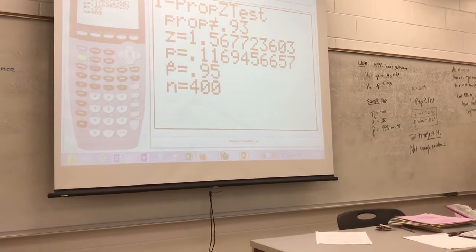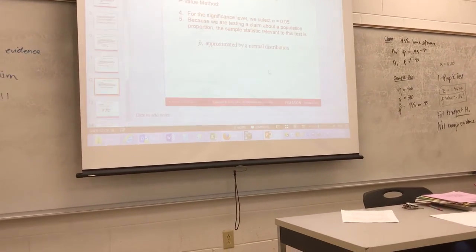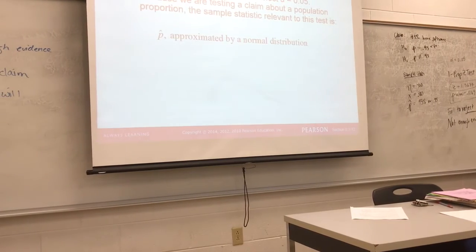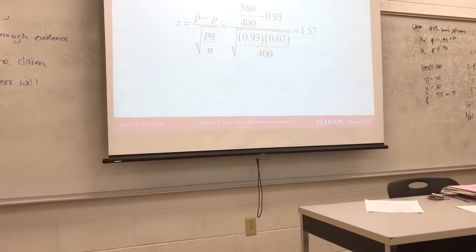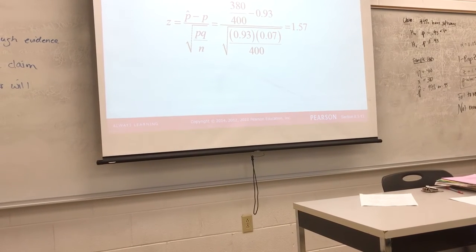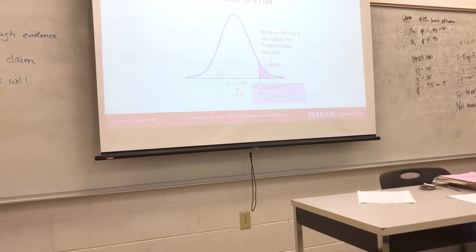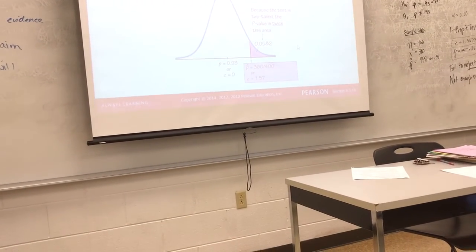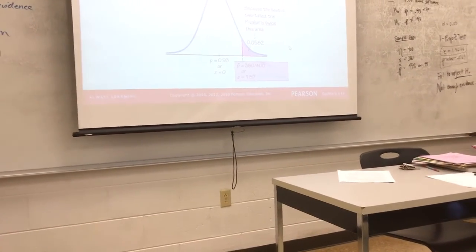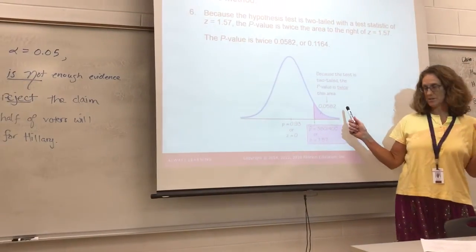Alright, let's see how they do it. Formula. They got 1.57 when they rounded the z-score using the formula, so that's what your calculator was doing for you. And then they've got the picture here. This one, the area beyond the test statistic is actually 0.0582 approximately.